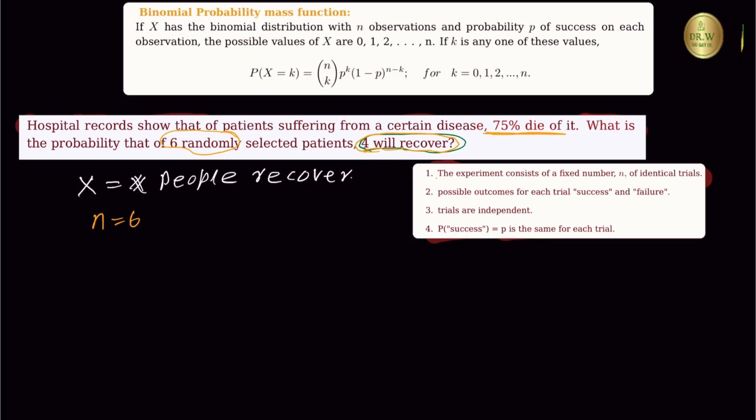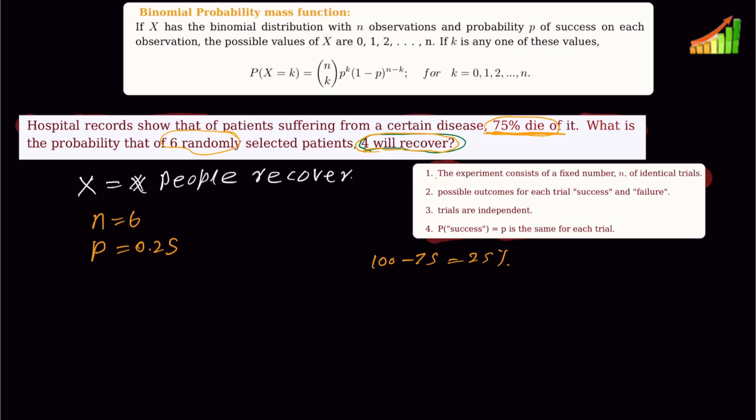What is the success probability? The opposite of this, people who recover. Then what is the probability of people recovering? Because 75% died, we can say 100 minus 75, 25%, or we can say 0.25.